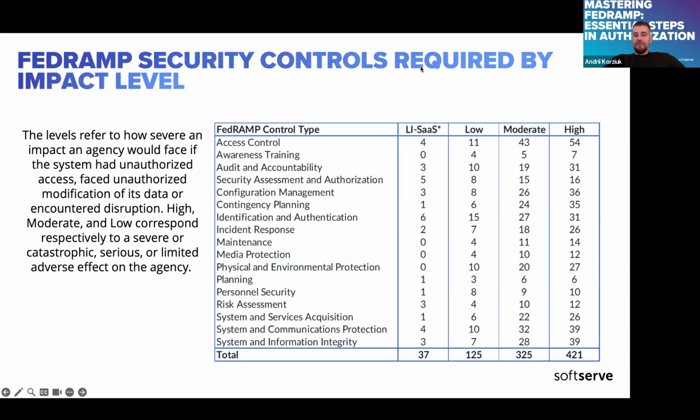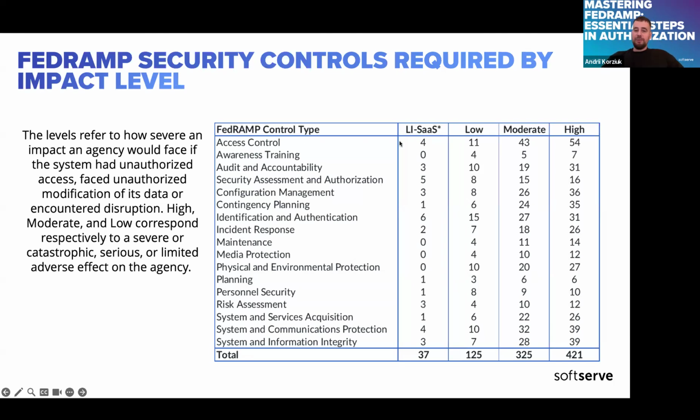One more thing that I want to highlight. Actually, we are back. We came back to our impact level, and I just want to highlight that the quantity of different control types we have depends on the impact level.